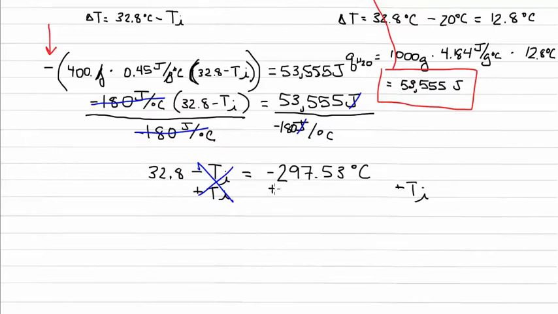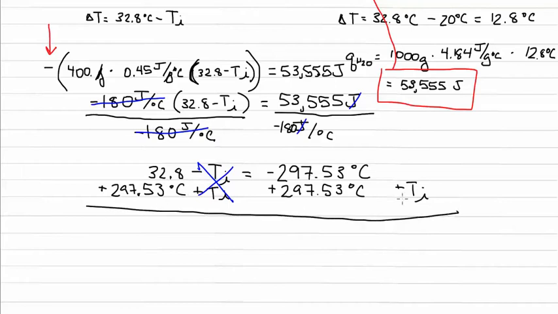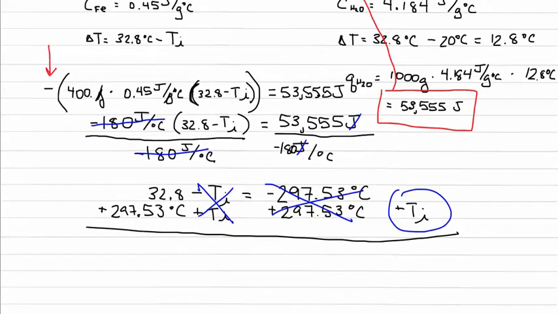Then I'm going to add 297.53 degrees Celsius to both sides. That gets it out over here, and I'll be left with my answer in T initial, which is what I'm solving for. So T initial equals 32.8 plus 297.53, which is about 330 degrees Celsius. And that makes sense.